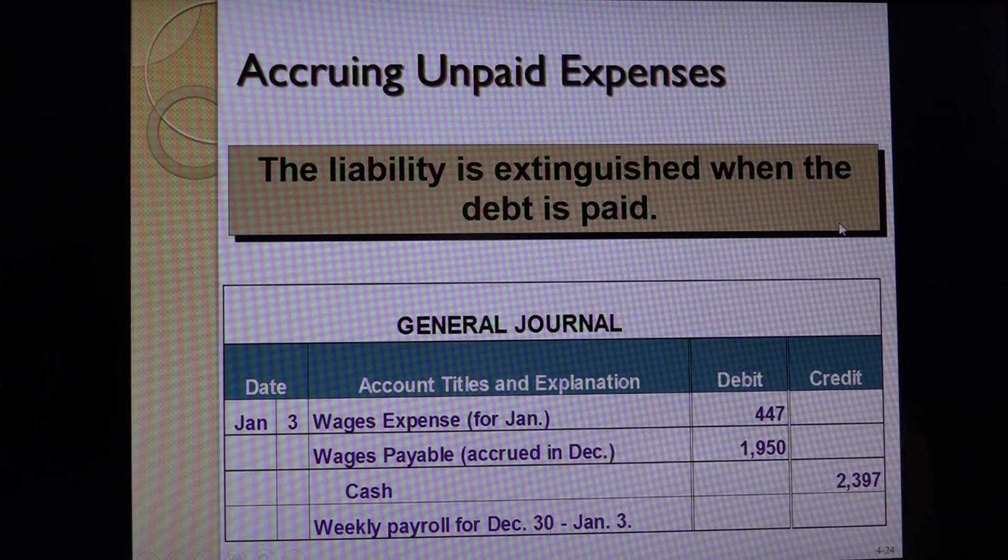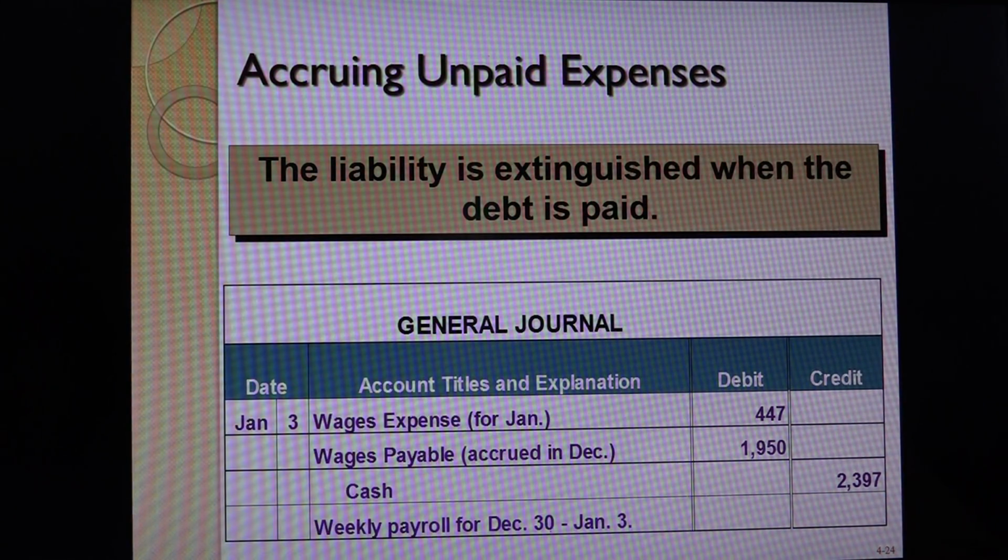And so here's an example. We've not seen this before, but here is an example of what we call a compound journal entry. Compound journal entries occur when you have more than one debit or more than one credit. Here you have 3 entries you've made. You have 2 debits and 1 credit.